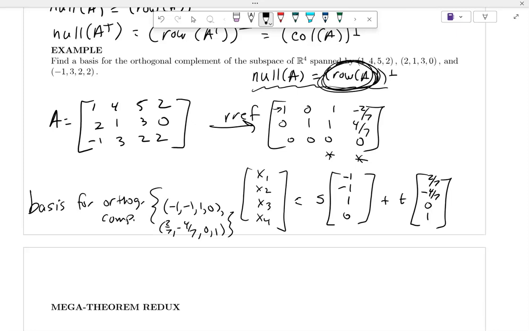Questions on this example? Yes. Why don't we use what? I'm sorry. Remember, we're doing the orthogonal complement of the row space. I need to find the null space. That's why I'm working with the null space. The problem's not asking for a basis for the row space, it's asking for the orthogonal complement.